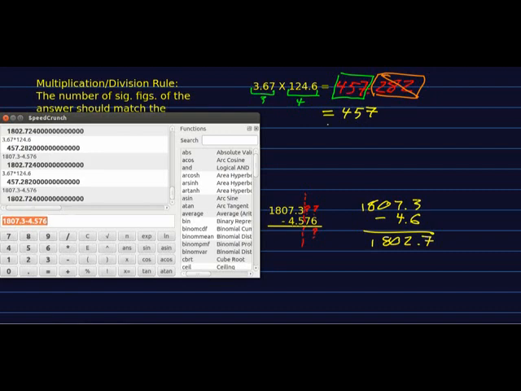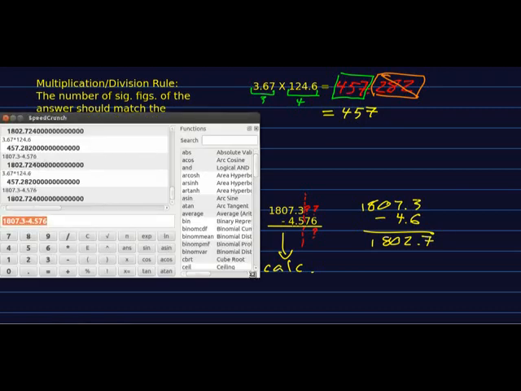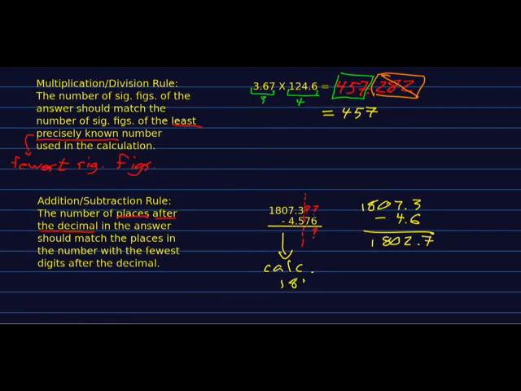And we get, so the calculator gives 1802.724, but now we look and we say I need to round to one place past the decimal place because that's the number of digits past the decimal place of the number with the fewer, and so those are gone. We round off to 1802.7 and we're done.